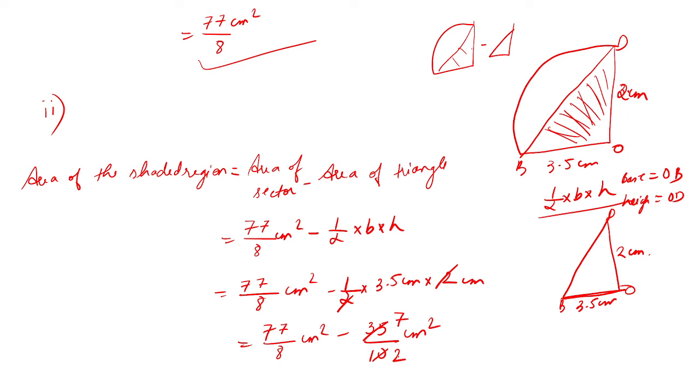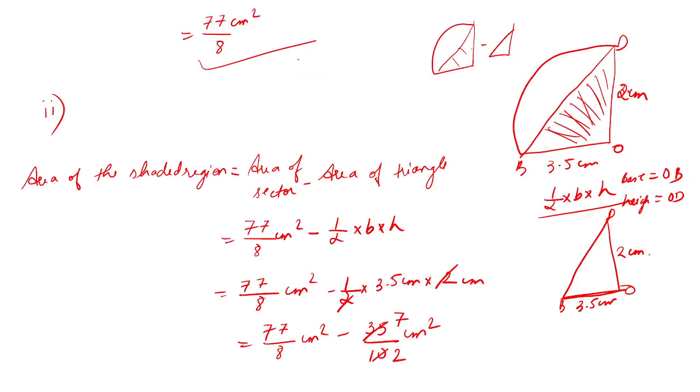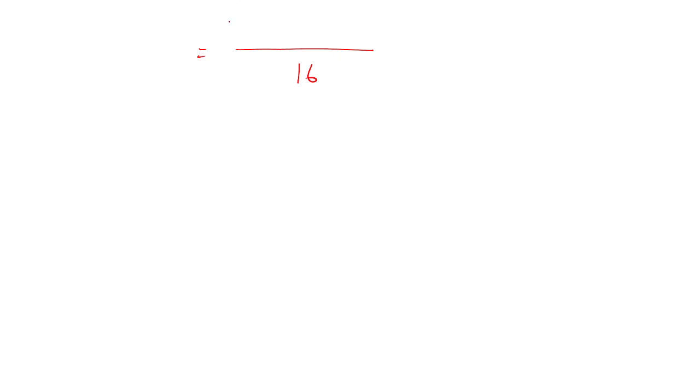Alright, now let's take the LCM for that. 8 and 2, so we'll just end up writing it as 8. And then you write this as 77 into 2 minus 7 into 7 into 8, so you'll be getting this as 154 centimeters square minus 56 centimeters square by 16.